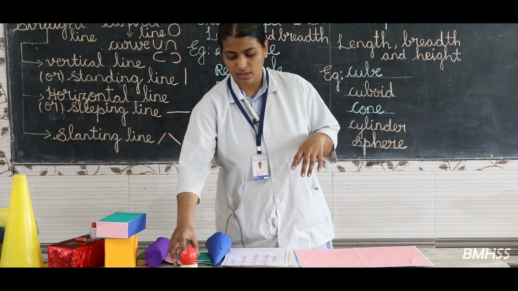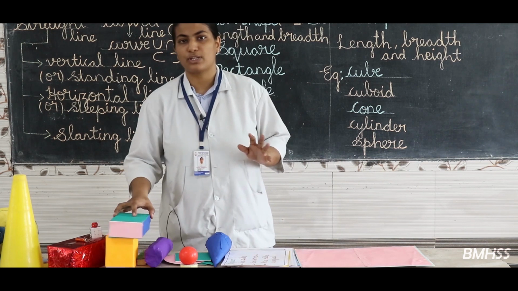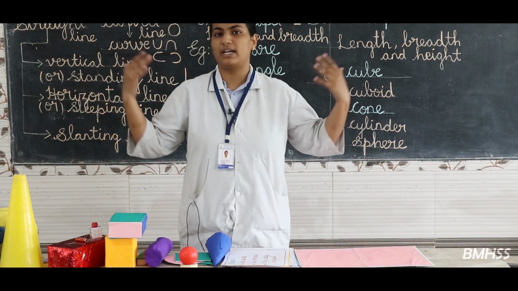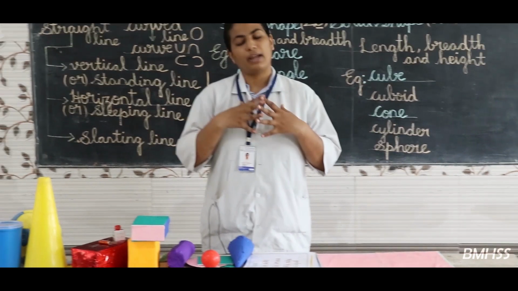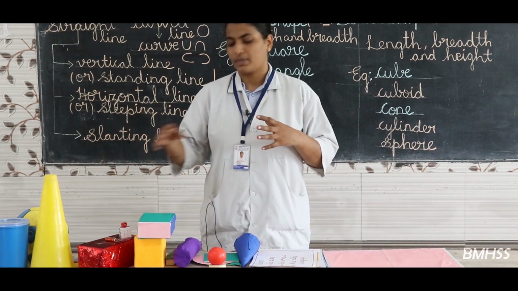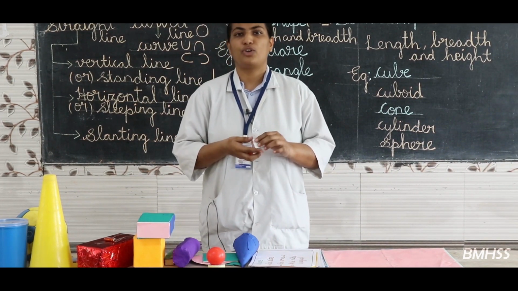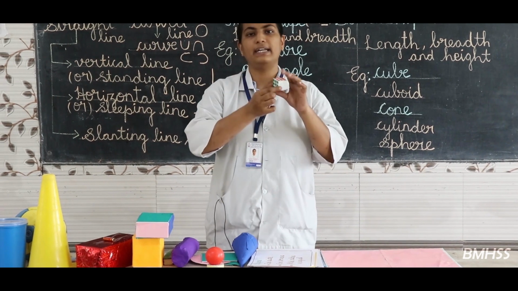Okay children, now we are going to see some examples of solid shapes. In and around us, in our home, everywhere we have solid shapes. The example for a cube is a Rubik's cube and dice.